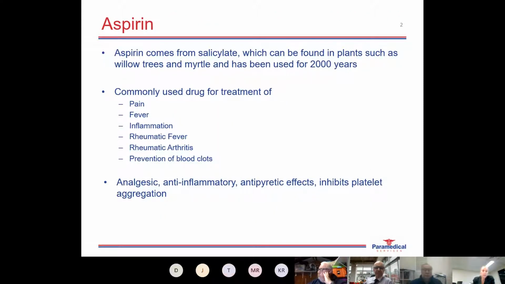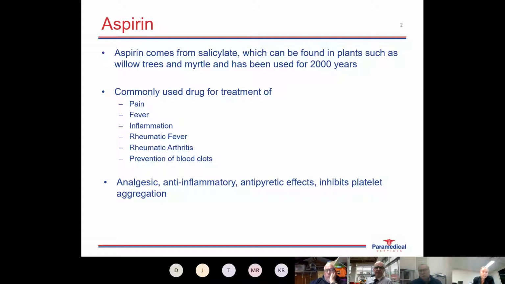So when we talk about aspirin, aspirin comes from salicylate, which can be found in plants such as willow trees and myrtle, and it's actually been used in its purest form for over 2,000 years. It's a commonly used drug for the treatment of pain, fever, inflammation, rheumatic fever, rheumatoid arthritis, and the prevention of blood clots.